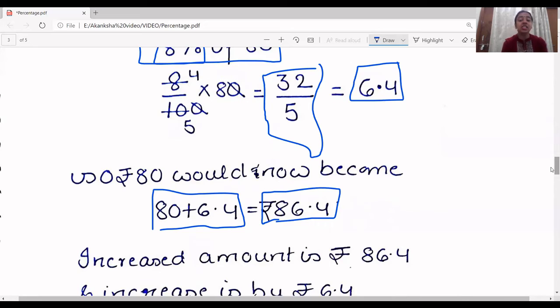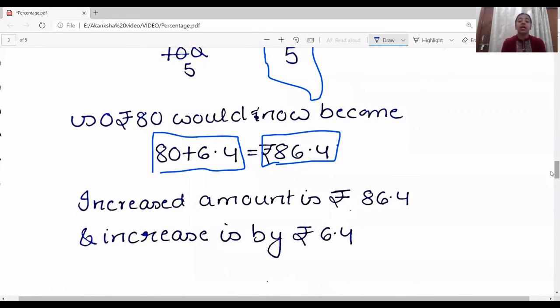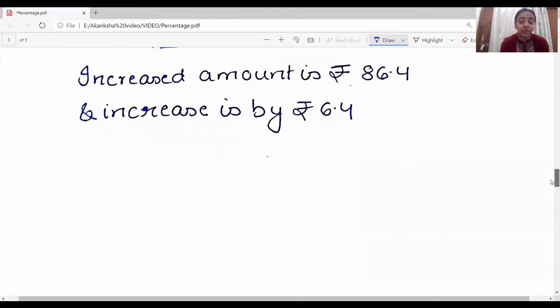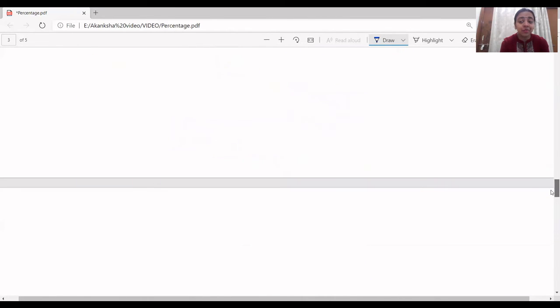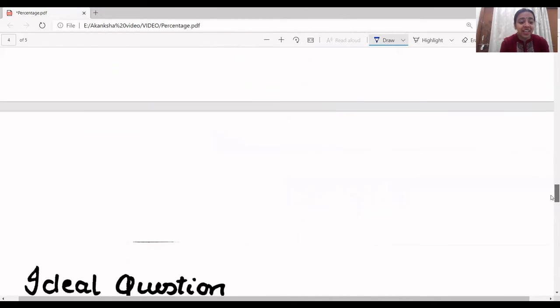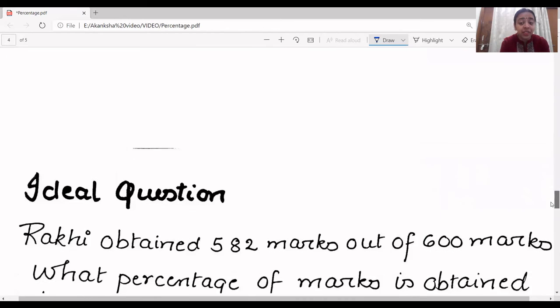So your answer is the increased amount, 86.4, and it is increasing by 6.4. So 6.4 is the 8% of 80 rupees, and when you increase 80 by 8%, it becomes 80 plus 6.4. I hope you guys are understanding what I'm telling.